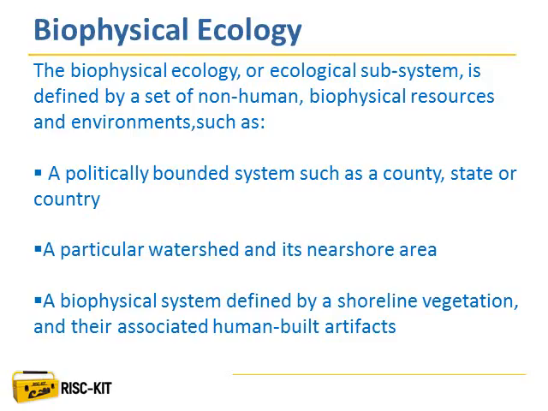Under biophysical ecology, we understand either a politically bounded system, such as a country, state, or county. It could also be a particular watershed and its nearshore area, or a biophysical system defined by a shoreline vegetation and their associated human-built artifacts.